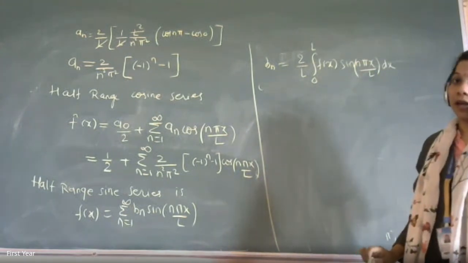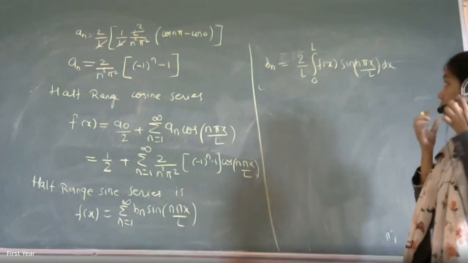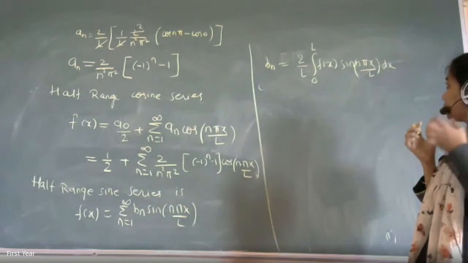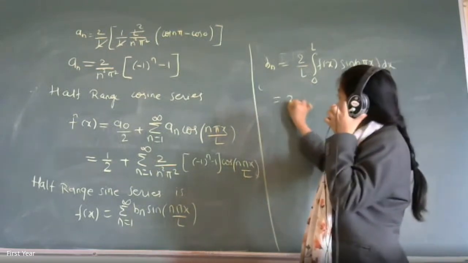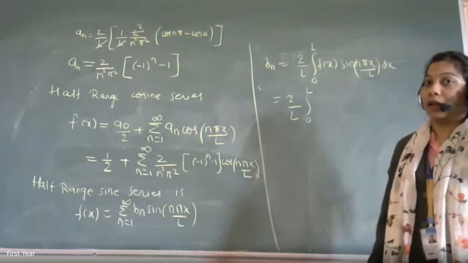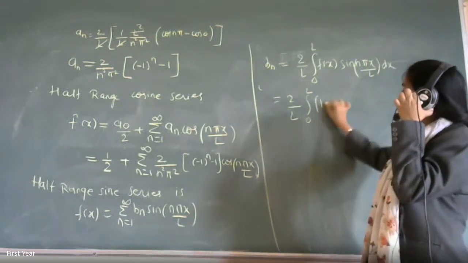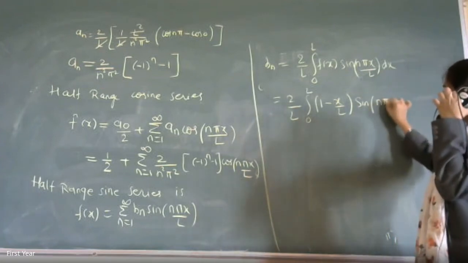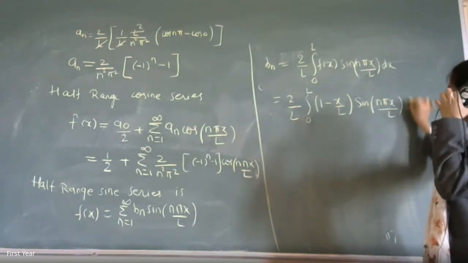So that will give you 2 by L, integral 0 to L, f of x is 1 minus x by L, sine of n pi x by L dx.